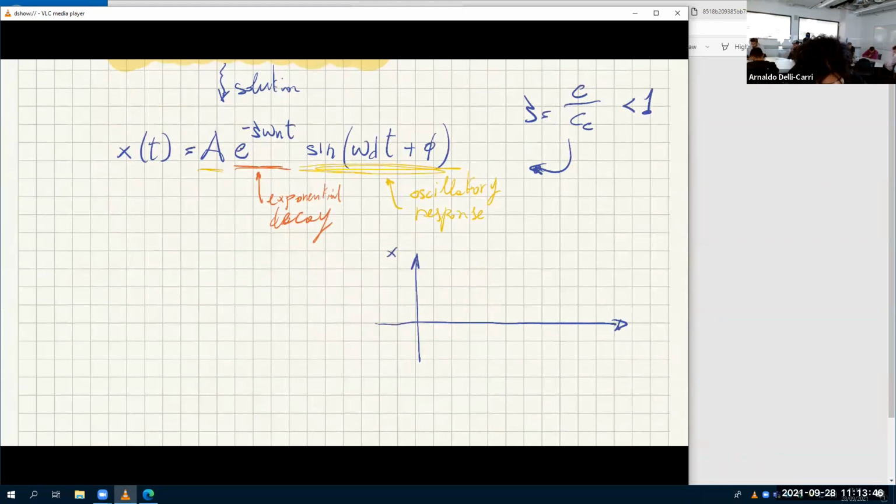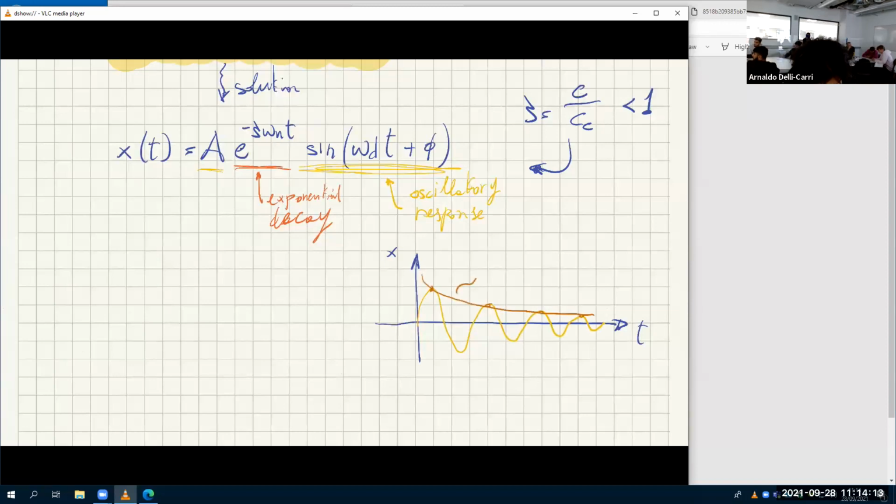So this is x, this is t. So x of t goes like this. And this is the x. So let me put this in yellow. So this is the oscillatory part. And of course, you can also observe the decay.